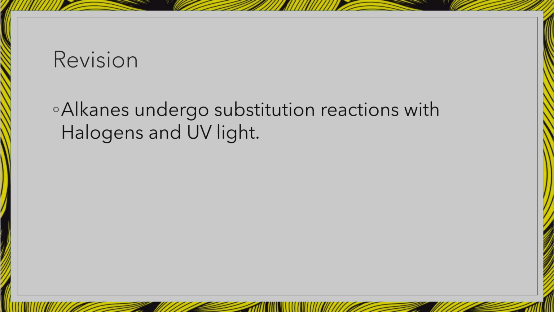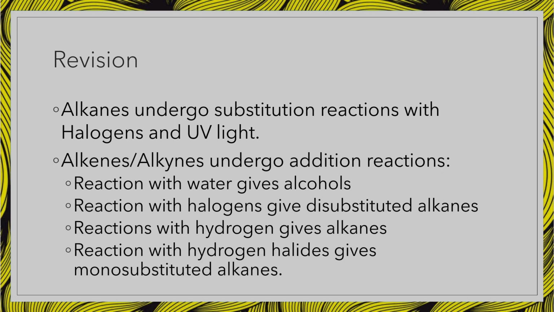So a bit of revision: alkanes undergo substitution reactions with halogens and UV light, so it replaces one of the hydrogens with a halogen. Alkenes and alkynes undergo addition reactions where we start with a double or a triple bond and we add something across it. So when we add water across a double bond, it gives an alcohol.